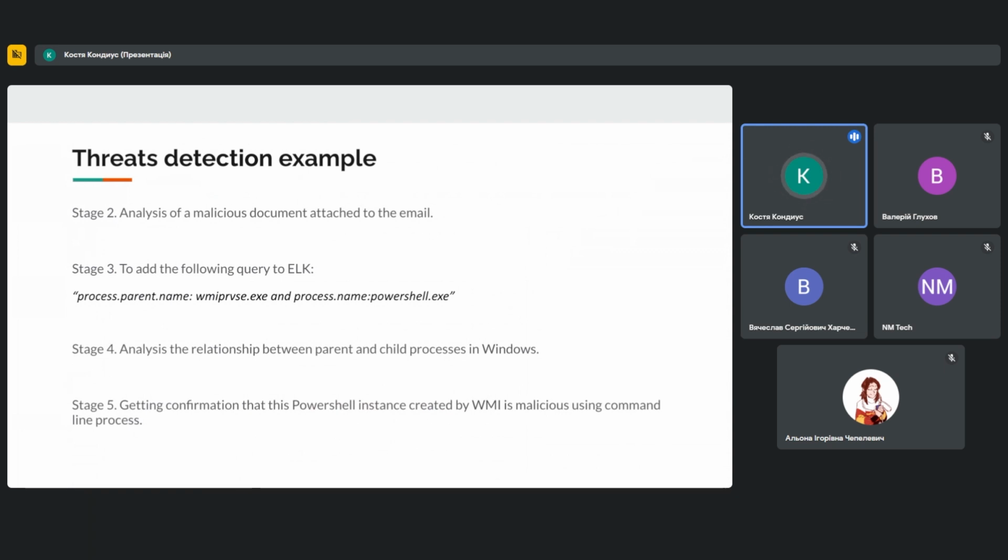Stage 4, next we analyze the relationship between parent and child processes in Windows. This combination is not inherently harmful; WMI creates a PowerShell instance, but it's a technique used by attackers. And stage 5, finally, the command line process confirms that this PowerShell instance created by WMI is malicious.